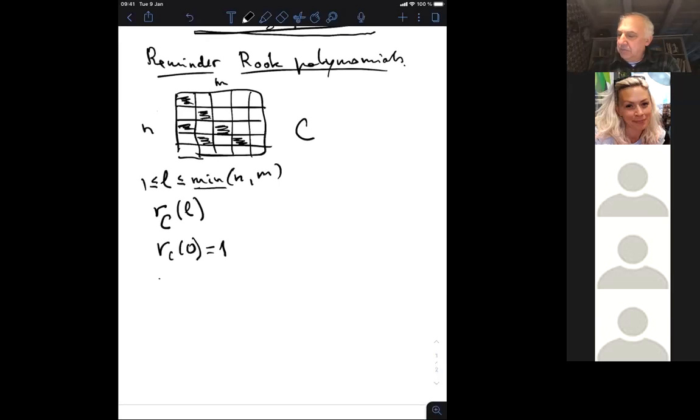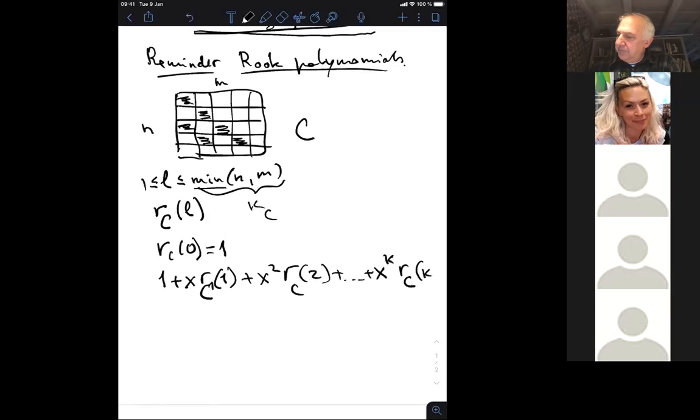And then we take 1 plus x times R1 of C plus x squared R2 of C, and so on till x to the power k times R_C of k, where we denote the maximal number by k.